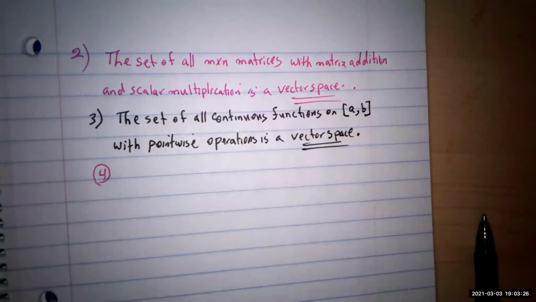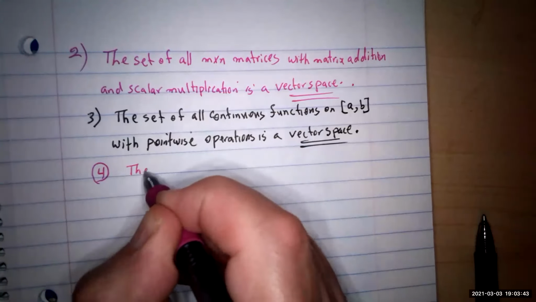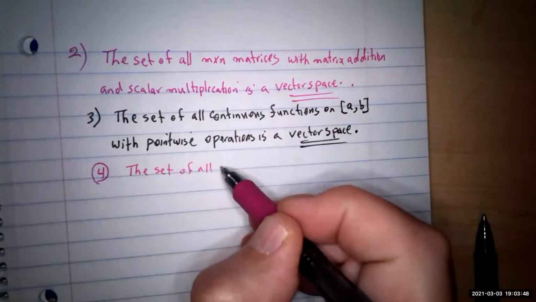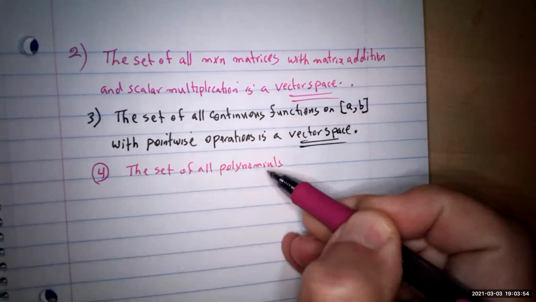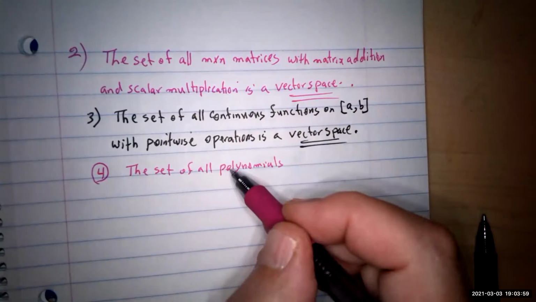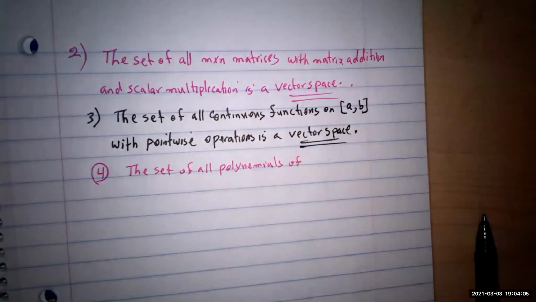From time to time, we use this one. We are going to use polynomials. We identify the polynomials with their degrees. If you consider the set of all polynomials, these are going to be the one.